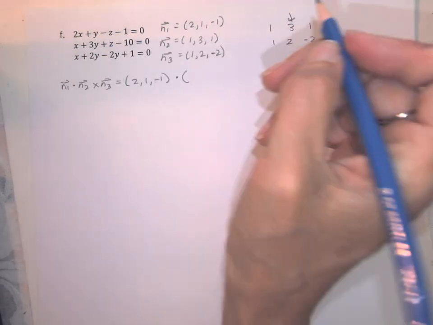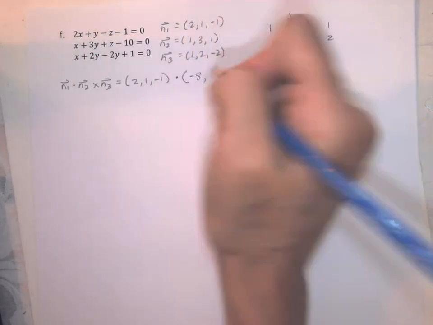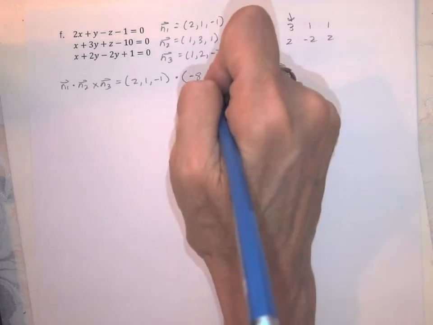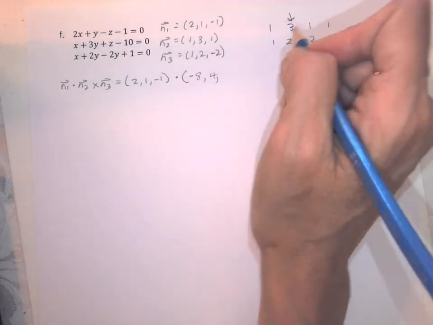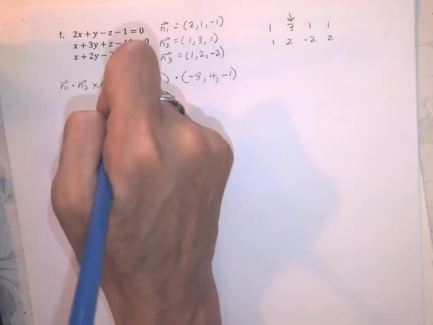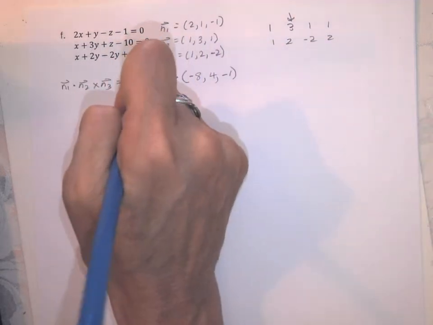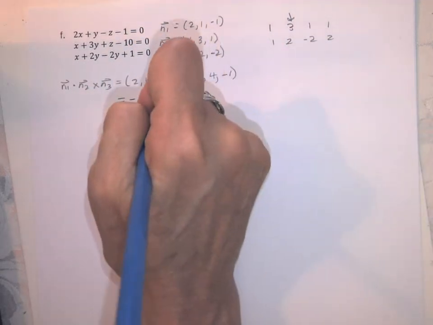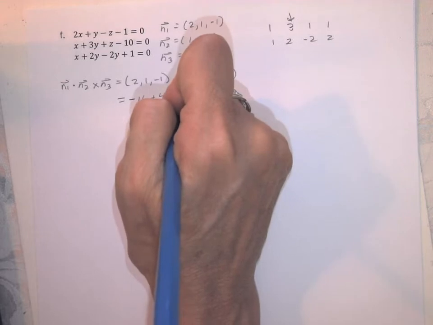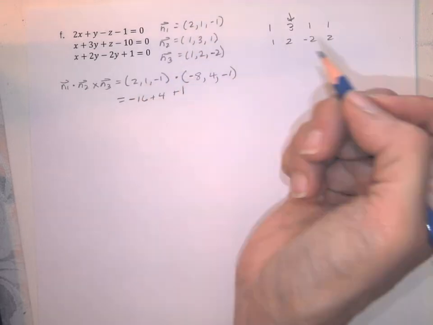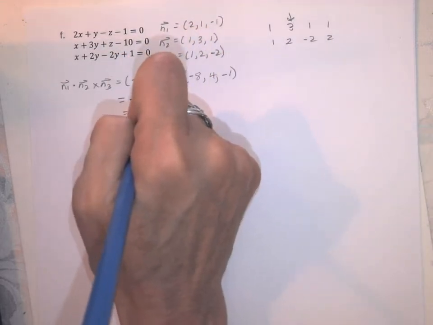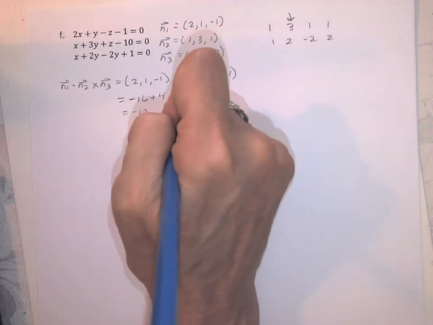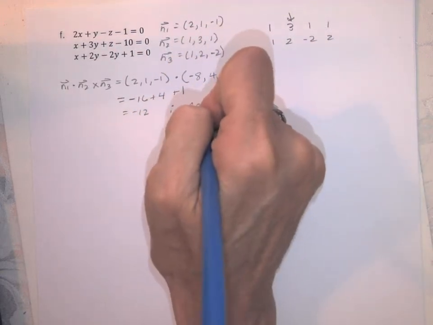So -6 minus 2 is -8. 2 minus -2 is 4. 2 minus 3 is -1. Use the dot product. -16 plus 4 plus 1 equals -12. So therefore, we know that we have a point of intersection.